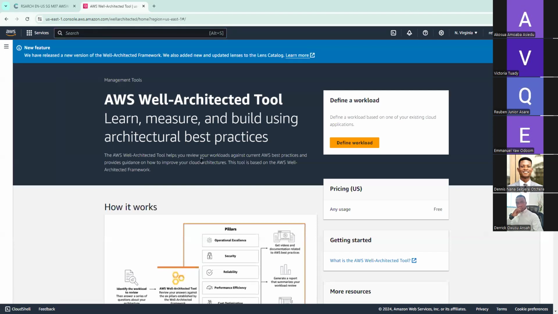So it helps you to review your workloads against the current AWS best practices, and it also provides guidance on how to improve your cloud architectures. And this service was built based on the well-architected framework.